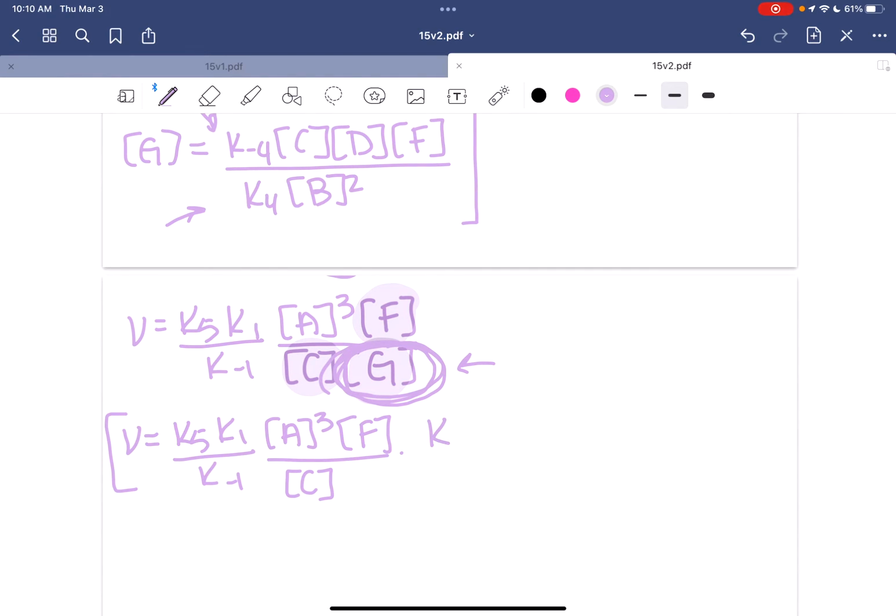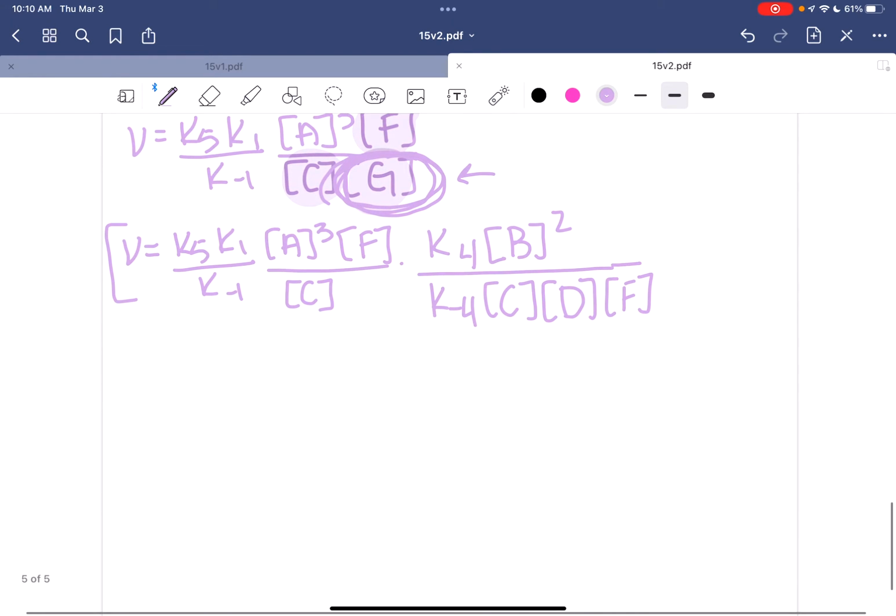So we have K4, and that's going to be B squared, and then divided by everything that used to be on the top. So K minus 4 times C times D times F. And so now we can start to cancel out things that are similar, if we can do that.